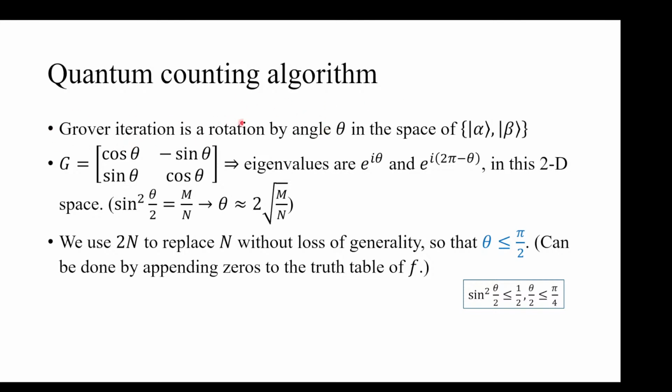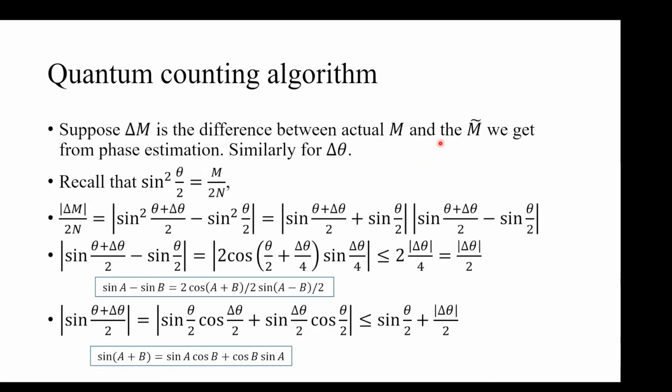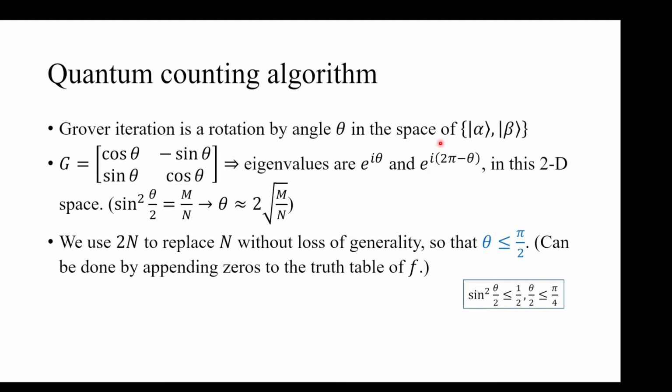So the Grover iteration is a rotation by angle theta in the 2D subspace we care about, this plane spanned by alpha and beta.